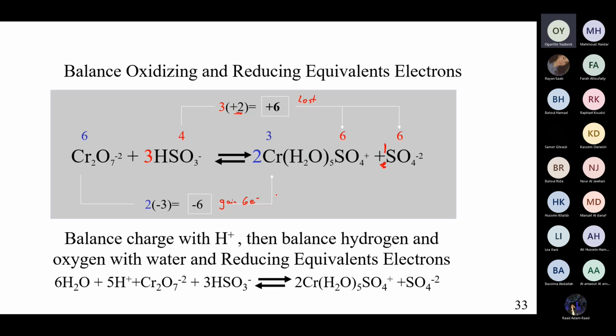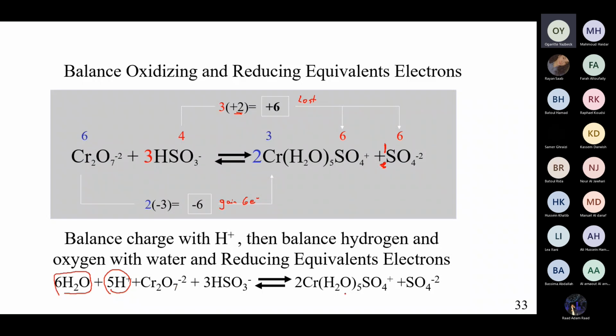Not easy, a bit annoying actually, but now we've balanced the electrons with oxidation numbers, and we don't write electron plus, electron minus. Then you balance the charge with H plus, and finally you use water to balance the oxygens and hydrogens.